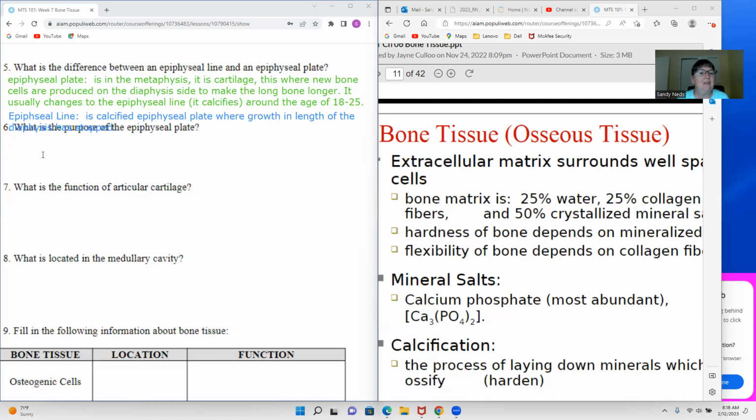Right, so that being said, what is the purpose of the epiphyseal plate? Okay, so we did epiphyseal plate in green, so let's go back to green.